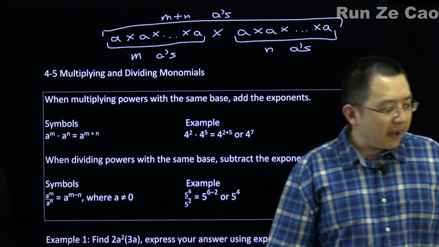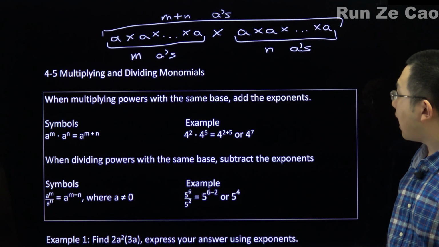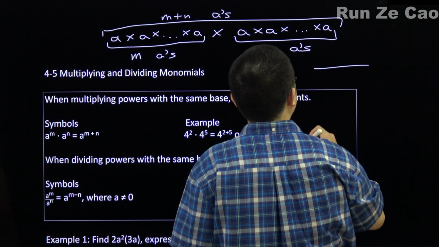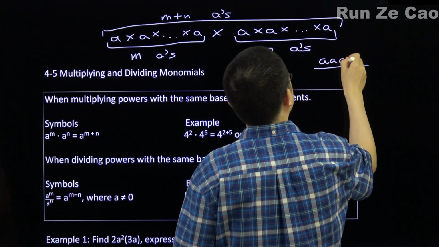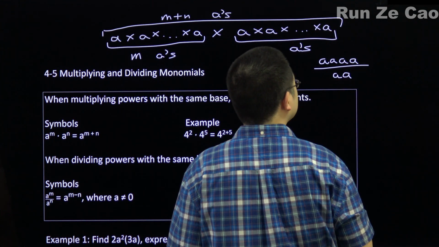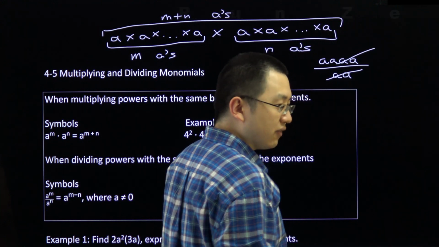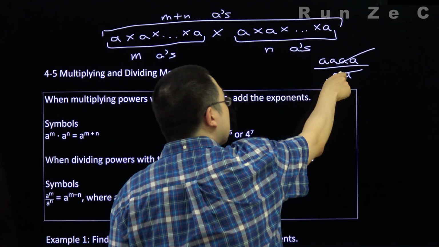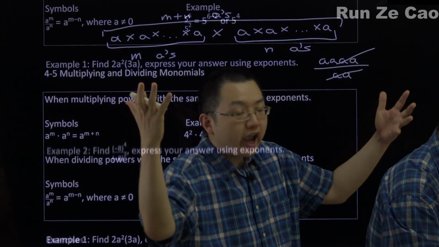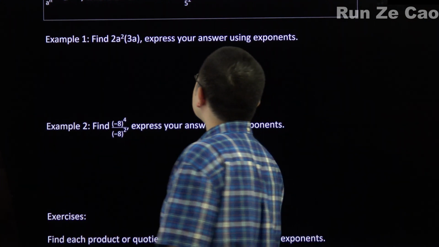When you divide powers with the same base, you subtract the exponents. Why? If we have a bunch of a's, like say 4 of them, and then we divide by 2 of them, we cancel out, which leaves us with 4 minus 2 a's. So let's do some examples. 2a squared times 3a.